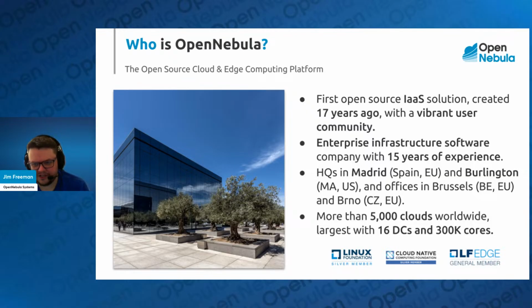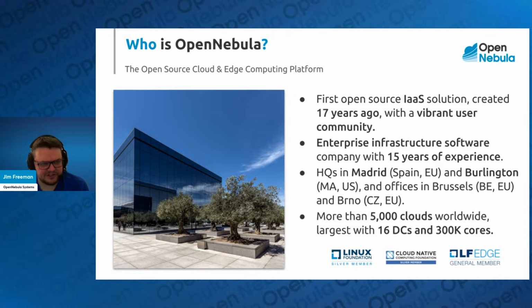It has a really large community, and the enterprise version of OpenNebula kicked off around 15 years ago, where OpenNebula Systems, the company behind the OpenNebula software, offers the enterprise edition and support and services on top. We're headquartered in Madrid in Spain. We've also got offices in other areas of Europe, in Brussels and Brno, and also in the US, near Boston.